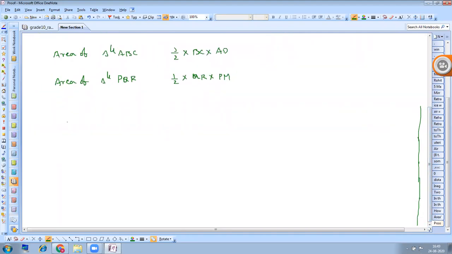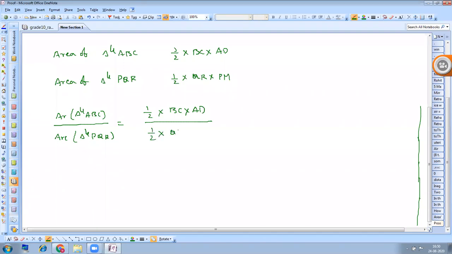So I'm taking area of triangle ABC divided by area of triangle PQR. This will be half into BC into AD divided by half into QR into PM. So the halves cancel.